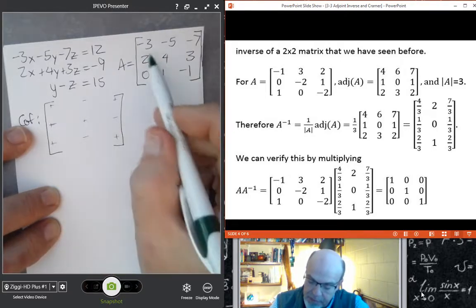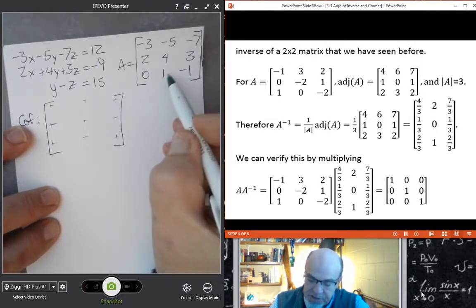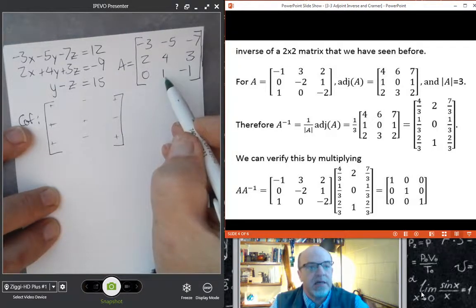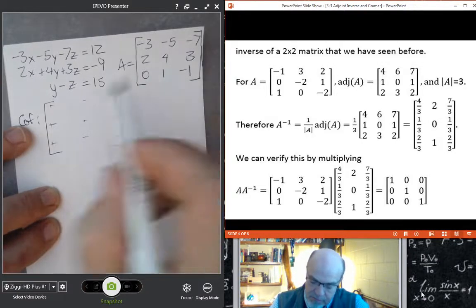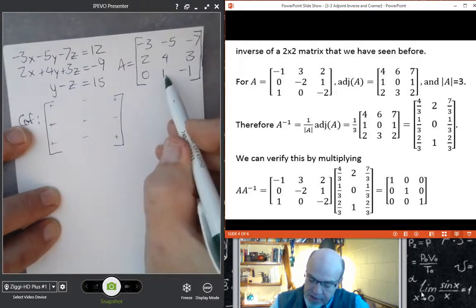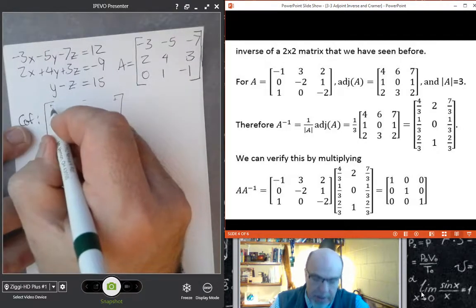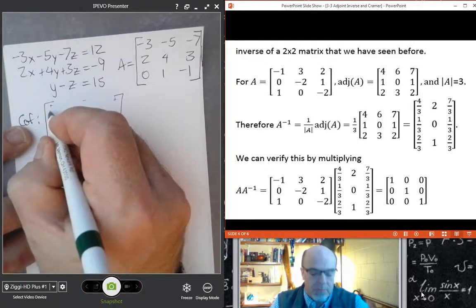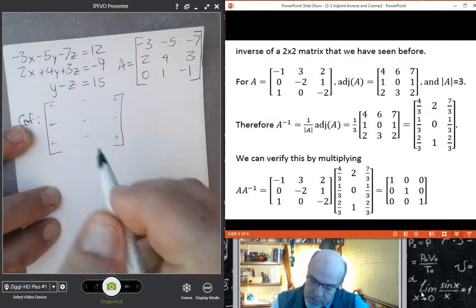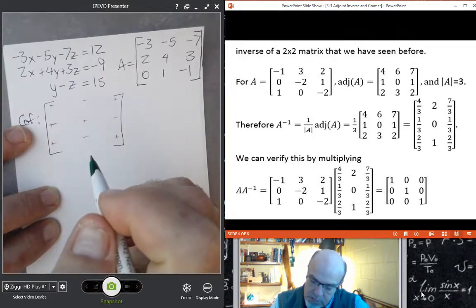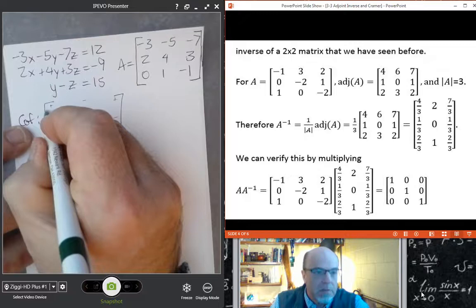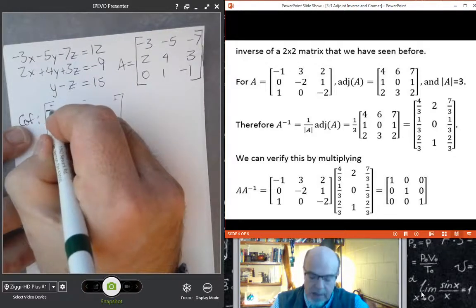So that'll come into play here. Negative 4 minus 3 is negative 7, so that's just going to be, in this case, negative 7.